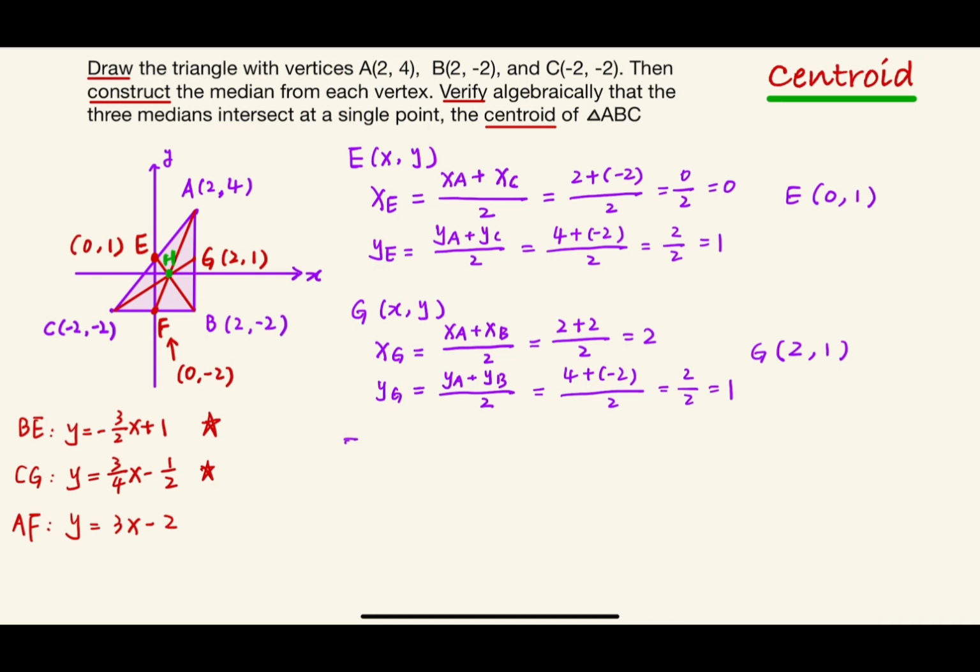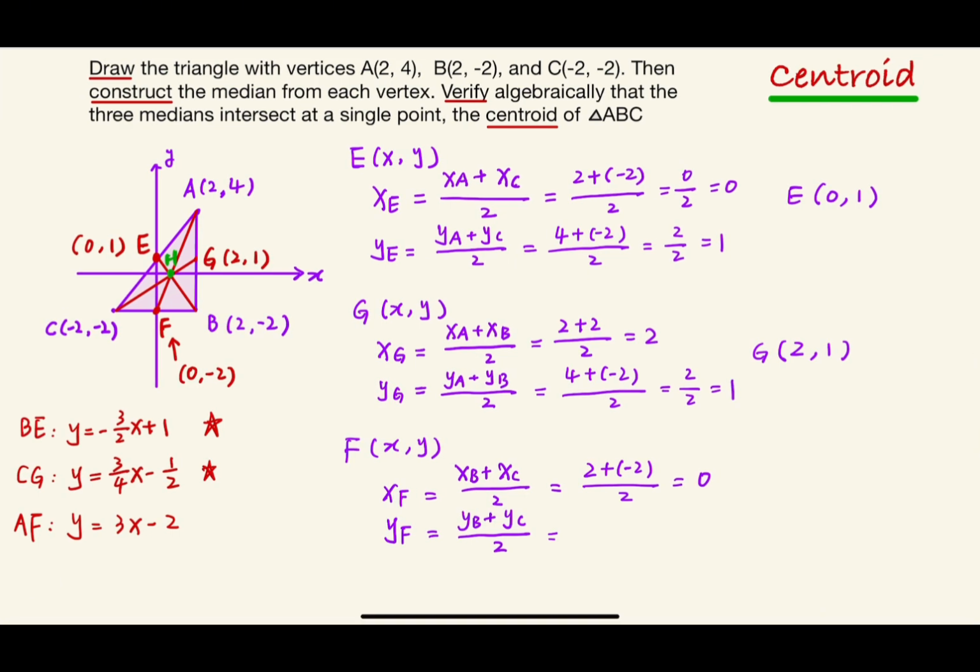Similarly, point F, its x-coordinate and y-coordinate. We can get the corresponding numbers: xB plus xC over 2, yB plus yC over 2. xB 2, xC negative 2, over 2 equals 0. yB negative 2, yC negative 2, over 2, we get negative 2.